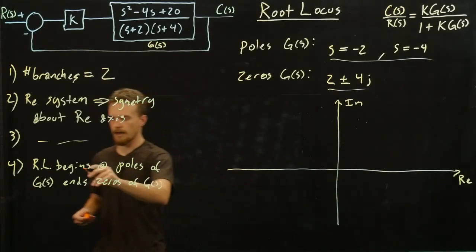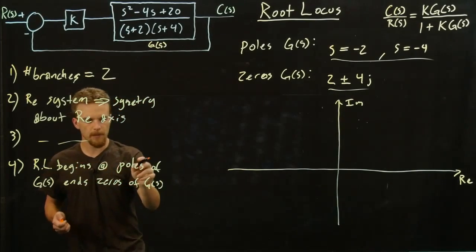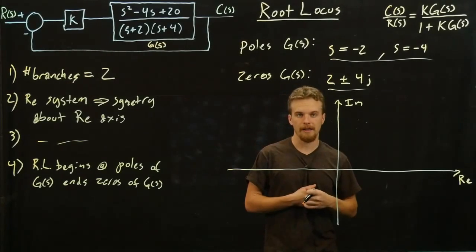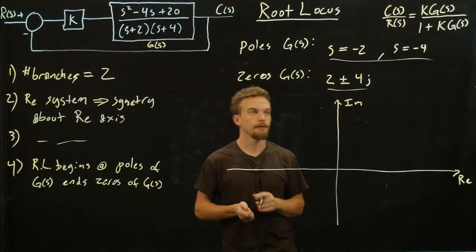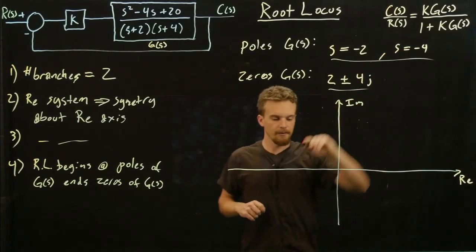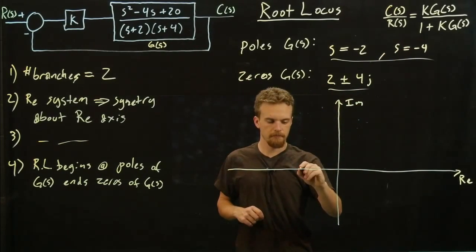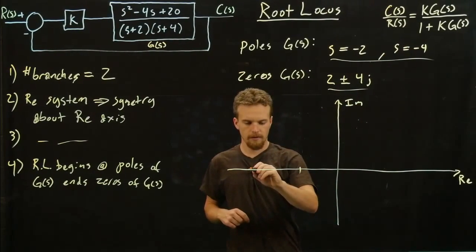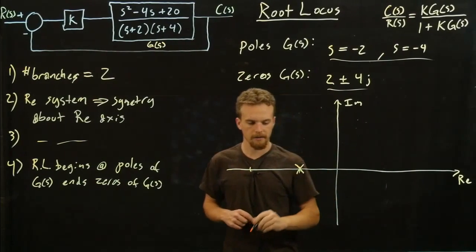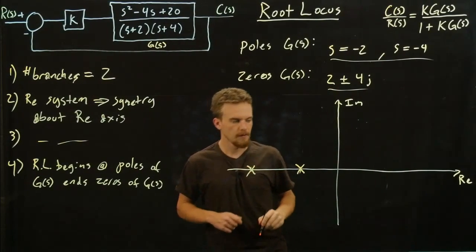We said that our root locus is going to begin at the poles of g of s. So let's plot the poles of g of s on this graph. Poles are at s equals -2, and this point's -4. We usually denote a pole with a little x.